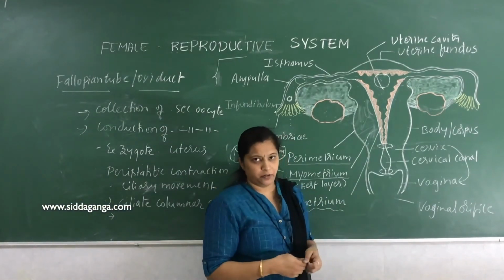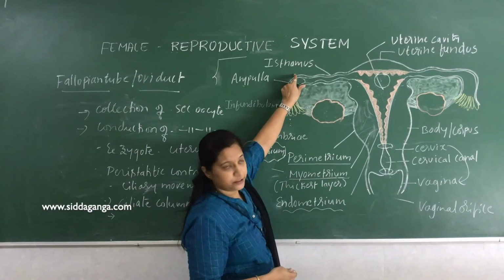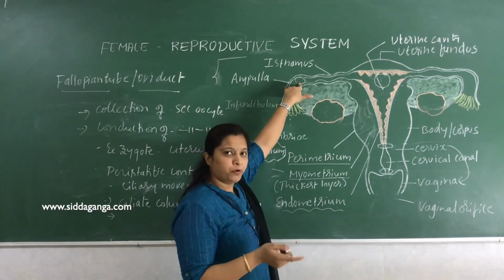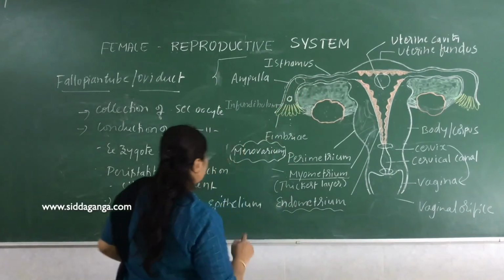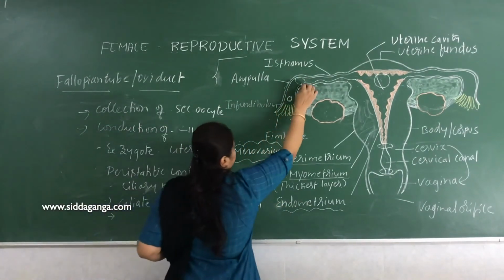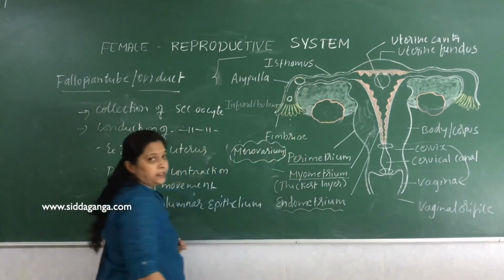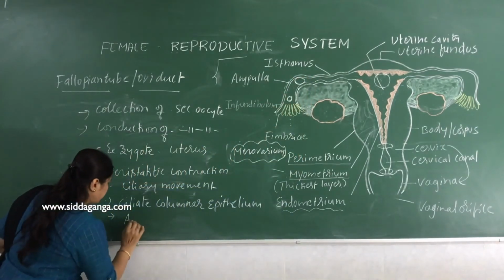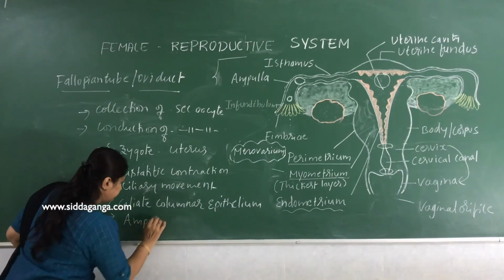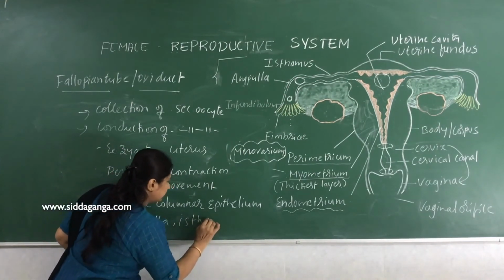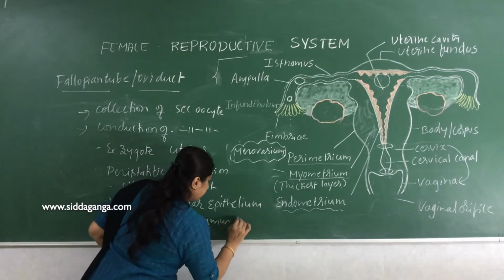In the ampulla-isthmus junction. So where fertilization happens in the female reproductive tract, it occurs in the ampulla-isthmus junction. You have to remember this: ampulla-isthmus junction.